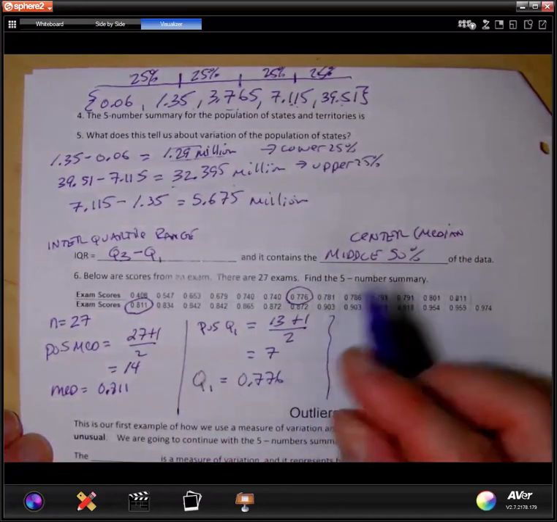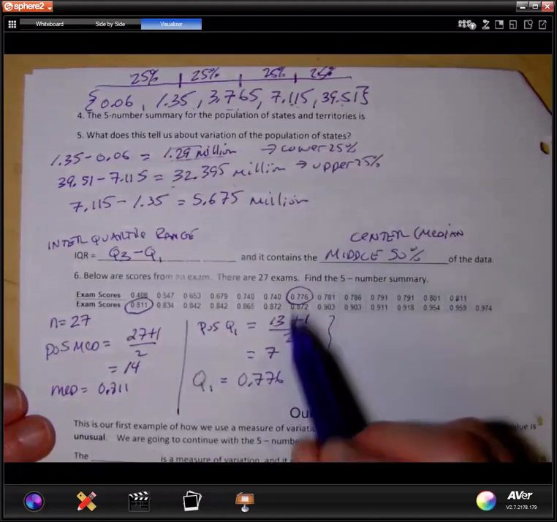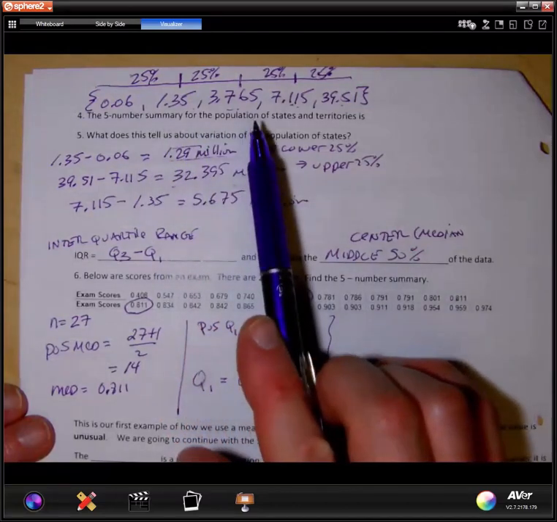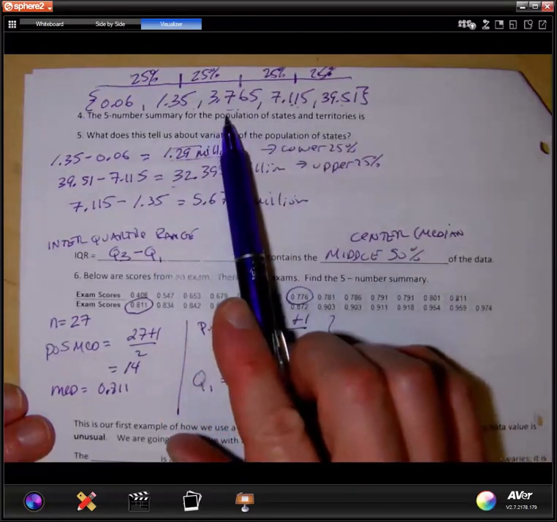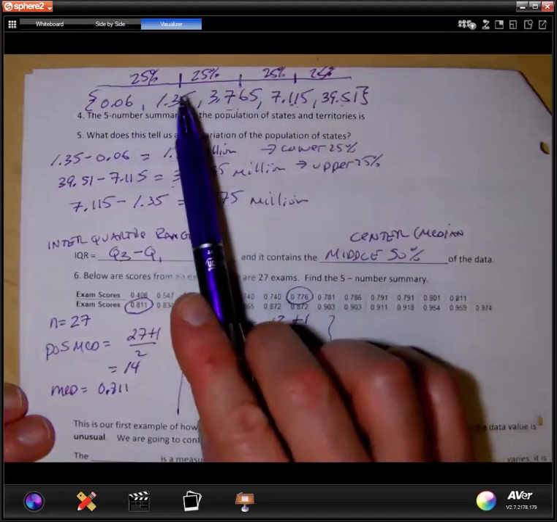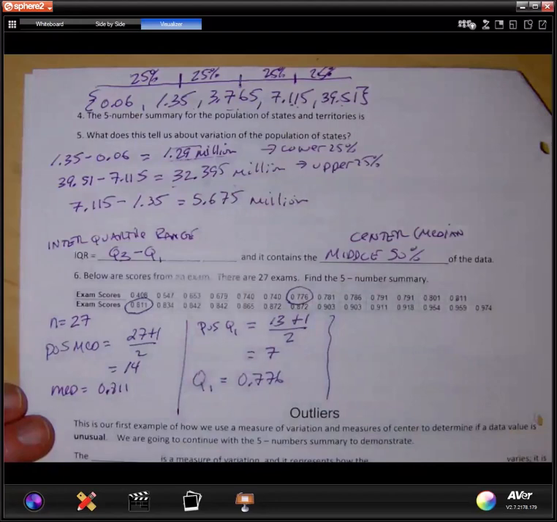The answer is yes, but it's a really good idea right now to do this not using software. Also, understand that there are different variations on how to find this 5-number summary. The median is always going to be the same. Minimum, maximum, of course, they're going to be the same. But the quartile 1 and quartile 3 algorithms vary.